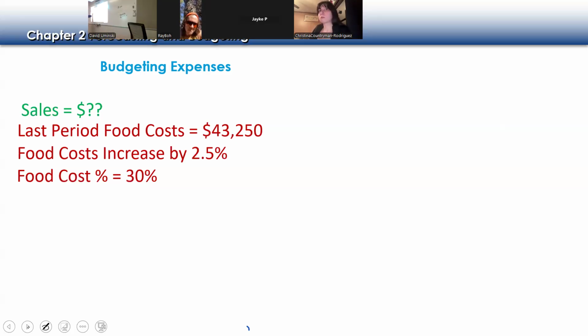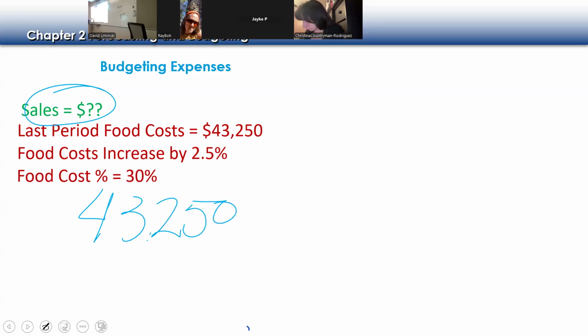So what is my sales number? If last period my food costs were $43,250, I'm going to increase my cost by 2.5%. And I still want to maintain a 30% food cost. So step one is we have to increase by that 2.5%. $43,250 is our starting point, last year's period, our historical data, times 0.025.